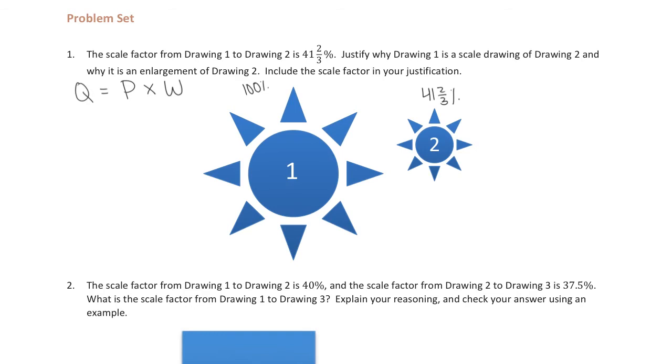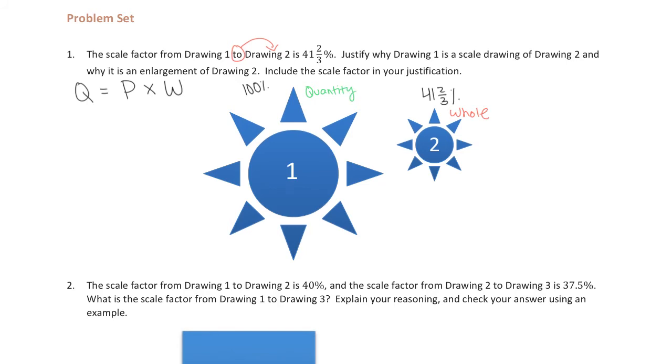Now, what you might think is that our whole is going to be our drawing 1. But actually, our whole is going to be drawing 2 because it says it's going to drawing 2. So drawing 2 is going to be our whole. And then our quantity is going to be drawing 1.